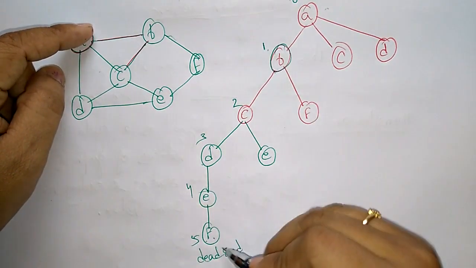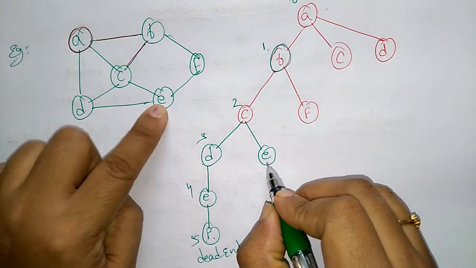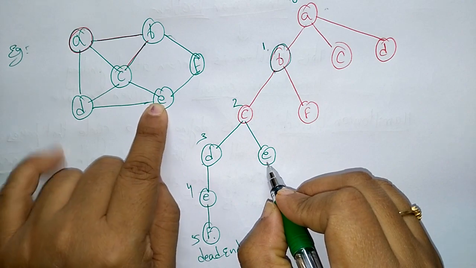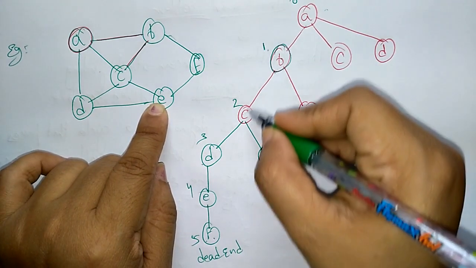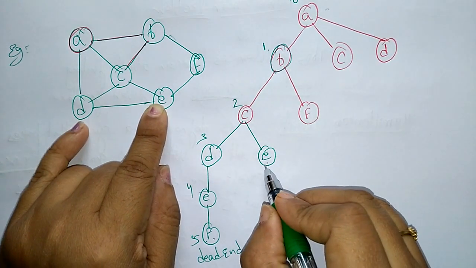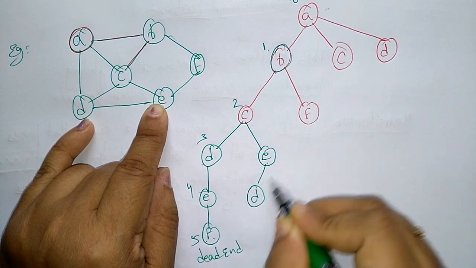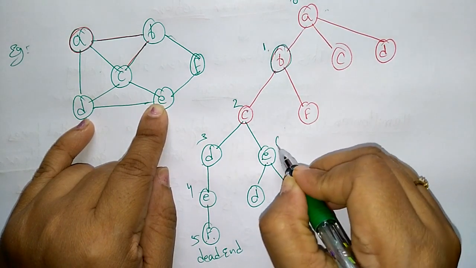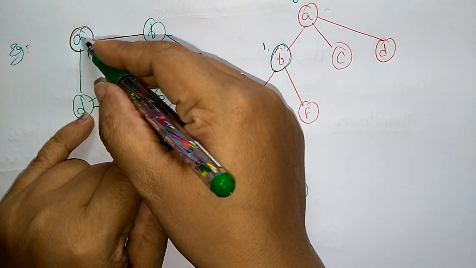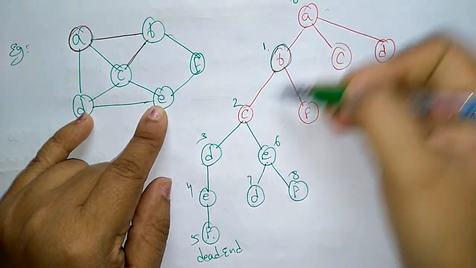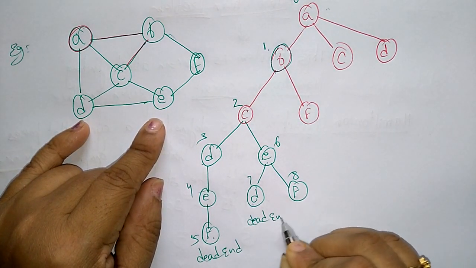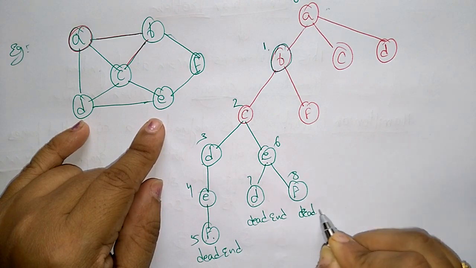Again we backtrack and come to E. From E, the adjacent vertices not visited in this path are D and F. From D, you have to go back to A, C or E, but those vertices are already visited in this path, so this becomes a dead end, and this is also a dead end.